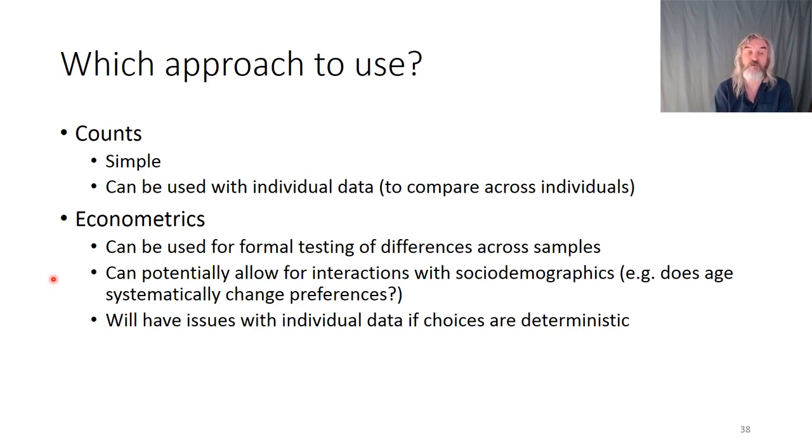So that's the only downside of using the econometrics if you want to use models at the individual level. But if you're interested in sample averages, or sample averages allowing for some limited interactions with sociodemographics to get some sort of individual heterogeneity, then the econometrics is probably the better way to go.